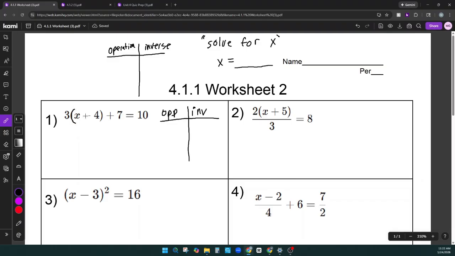And you'll notice that x is inside parentheses, meaning that whatever's inside the parentheses with x got grouped with x, meaning that is directly affecting x first before anything else outside that parentheses. So that means my first operation that happened to my x is I got subtracted by 4.